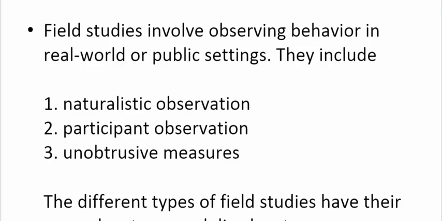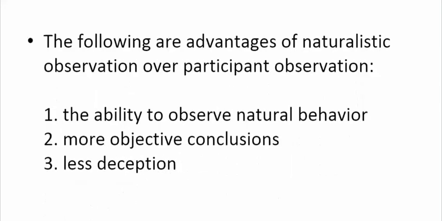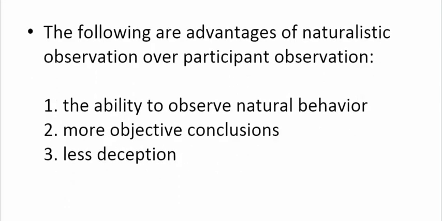Okay, so now let's move ahead and talk about at least a few pros and cons of naturalistic and participant observation. The following are advantages of naturalistic observation over participant observation. First of all, you get to observe natural behavior in naturalistic observation. When a person becomes a member of the group, that person is technically an intruder.